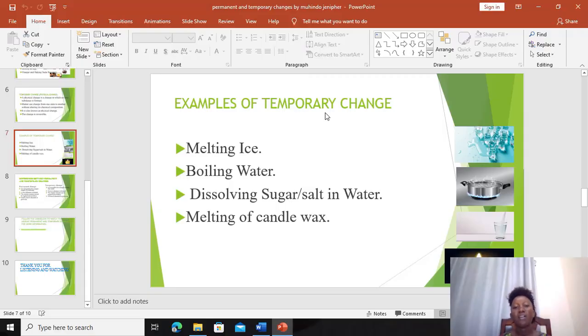But how can you recover the salt? By evaporation to dryness. Melting of candle wax is also an example of temporary change. It melts and turns into a liquid, but on cooling, it forms solid wax again.